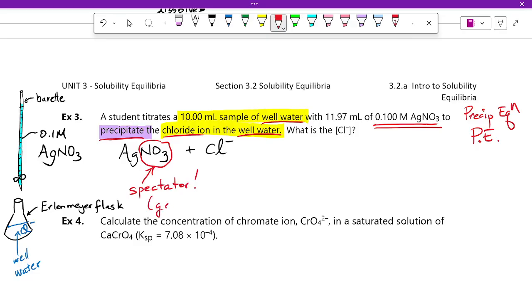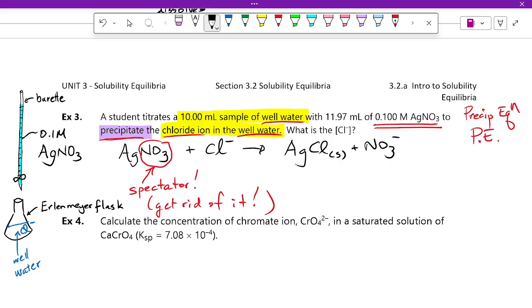Okay, because it's just confusing when you have one with a partner and you have one without a partner. So try to get rid of the partner that you don't need. You could write it this way. You could say, okay, I end up with AgCl solid plus NO3 minus, but a lot of people find that confusing. I don't blame you. It looks weird.